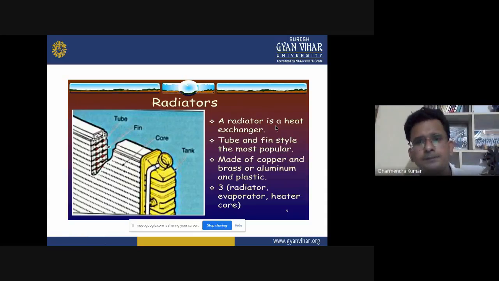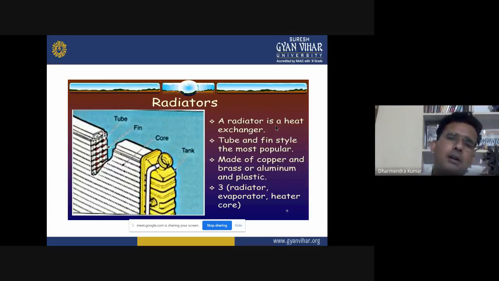Now the tube and fin style is the most popular, made of copper and brass or aluminum and plastic. Normally from here we can get a multiple choice question. It may be asked which type of material is used for making a radiator.